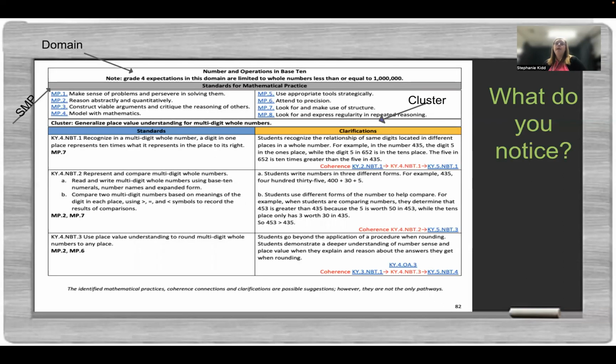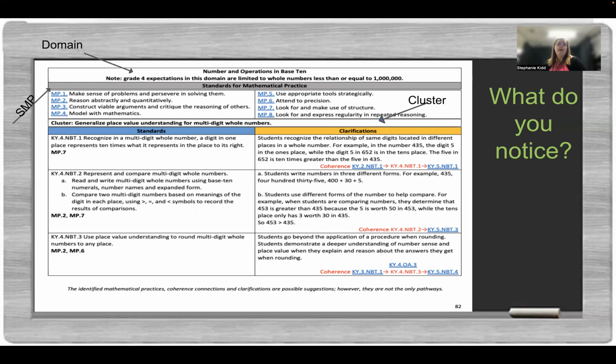Now, when we look at a standard in general, we notice that it has the domains. I particularly picked fourth grade because there are some notes in fourth grade that we really want to make sure we understand. In this case, the domain that we have is number and operations in base 10.